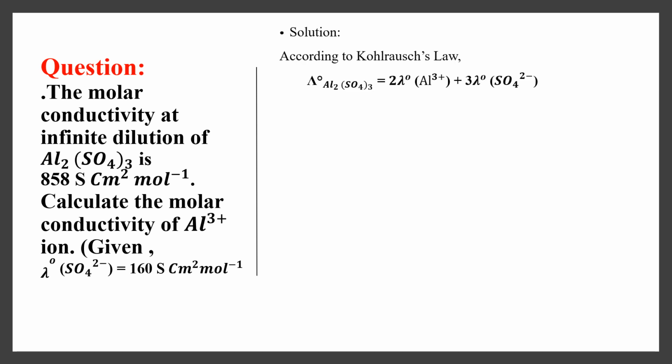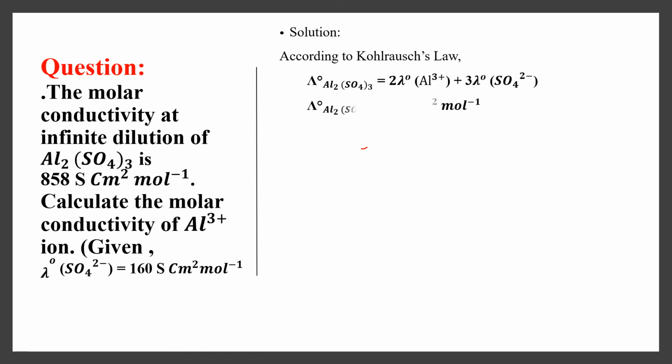According to Kohlrausch law, molar conductivity at infinite dilution for aluminium sulfate will come to be 2 into molar conductivity of aluminium ion plus 3 into molar conductivity of sulfate ion. Why? Because as you dissociate this, you will get 2 Al3+ ions in the solution plus 3 sulfate ions in the solution. So this is the equation of Kohlrausch law.